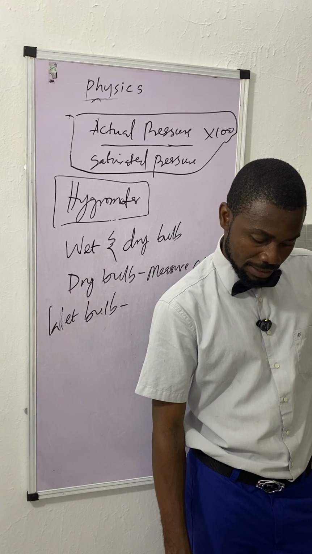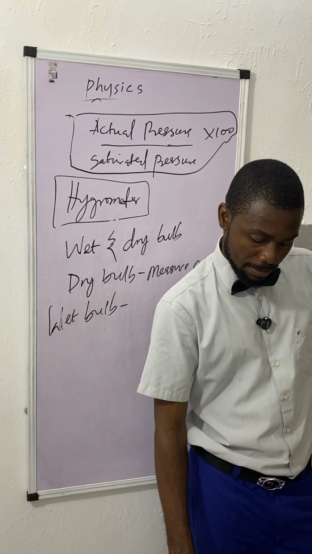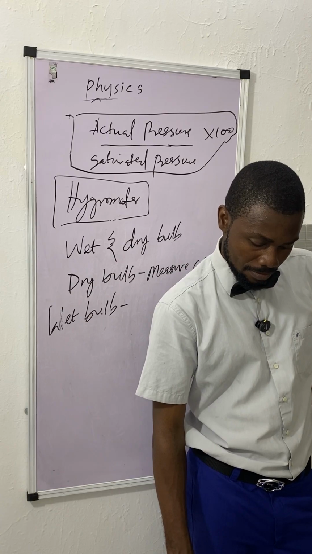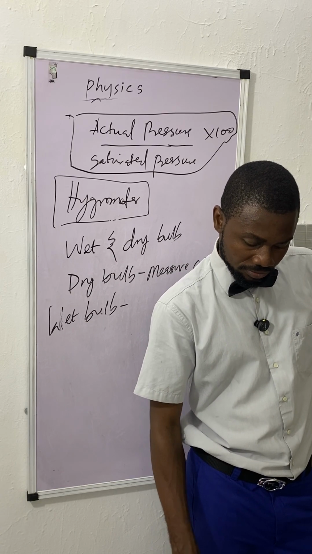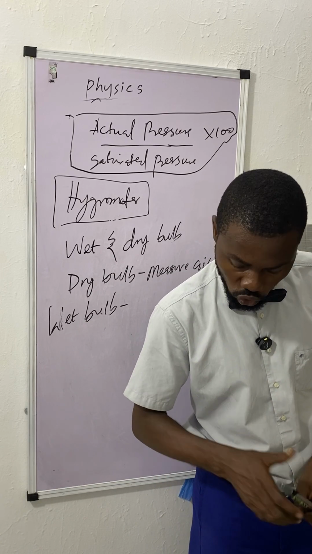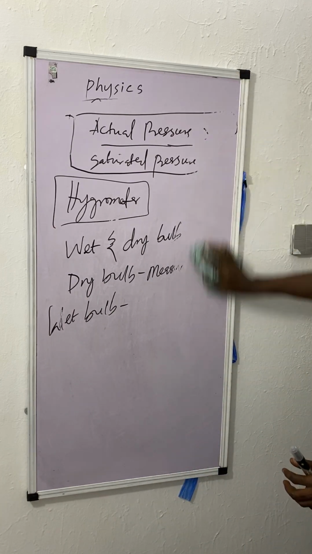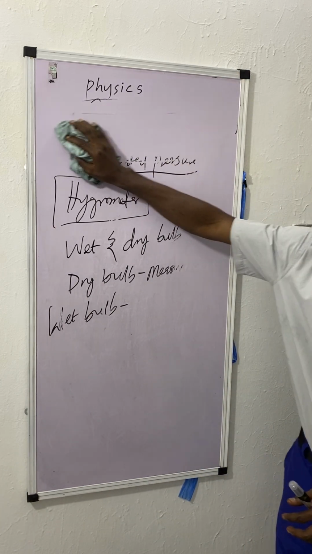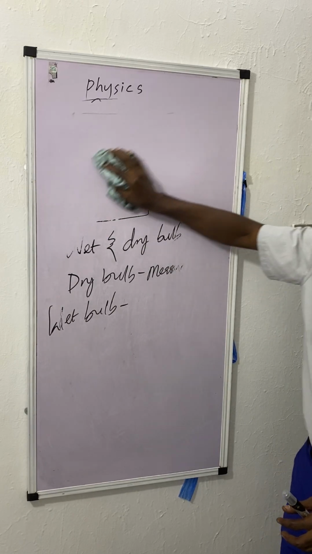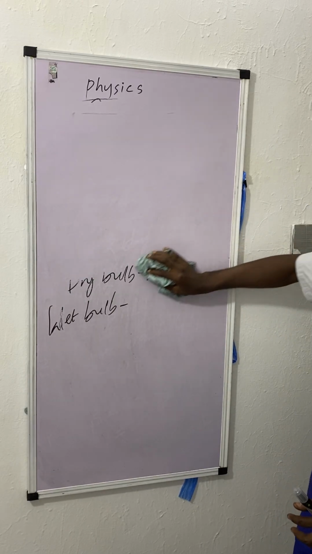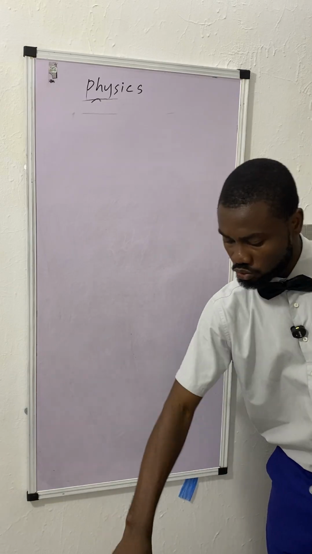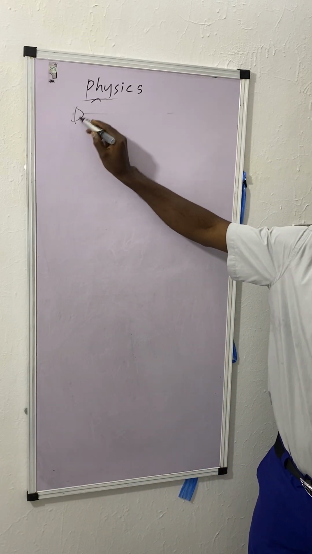Let us understand surface tension. Let's just understand diffusion, osmosis, surface tension, all these types of force. Diffusion is the movement of particles.